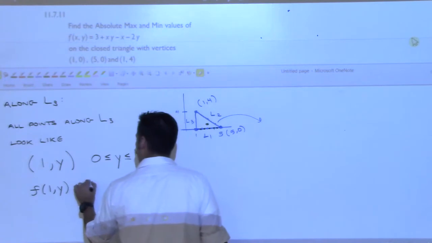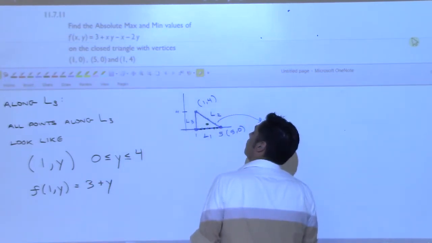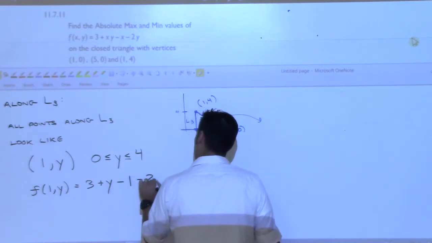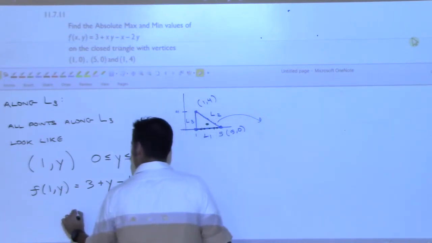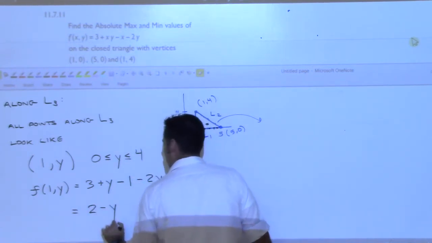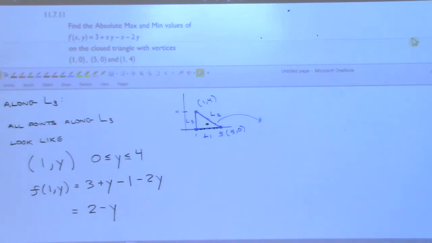So 3 plus y minus 1 minus 2y, which turns out to be 2 minus y.